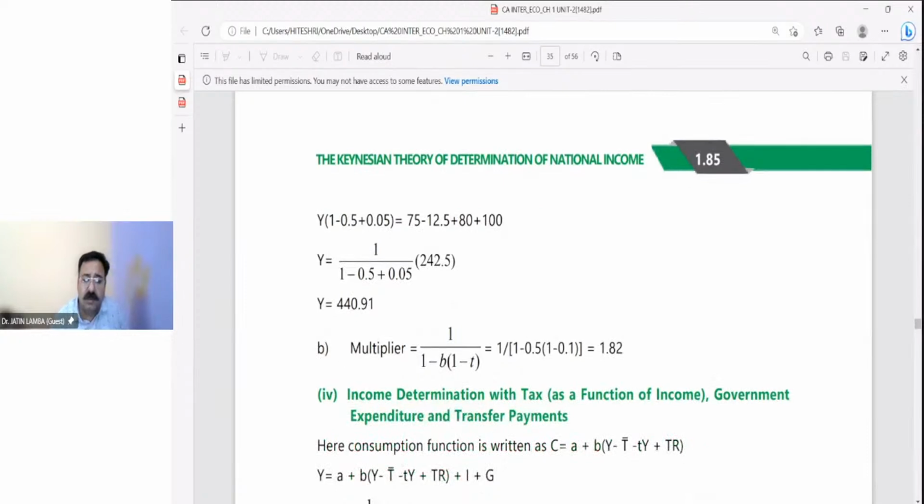Okay. Yes, tax is also given, na? Right. See, here the value of the multiplier will be different. I forgot that the tax factor is also given.